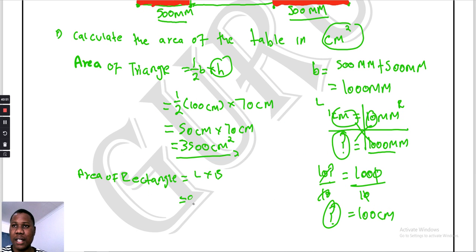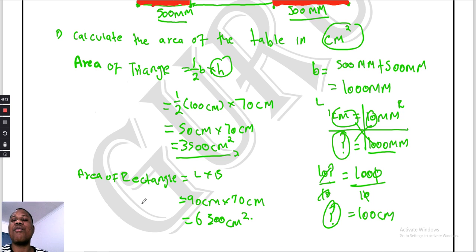So it's going to be 90. There's no need to convert here because all your dimensions are given in centimeters, which is equal to 90 multiplied by 70, which is going to be 6,300 centimeters squared.